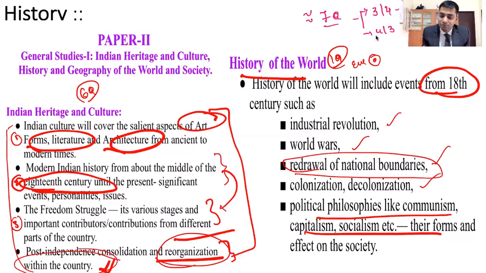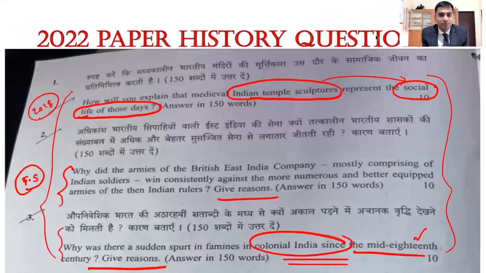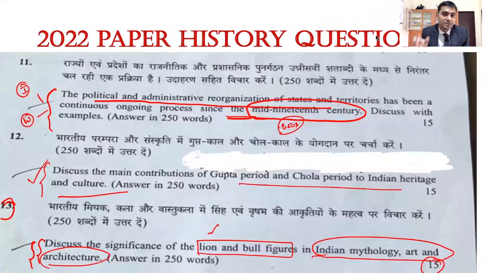Even in world history, redrawal of national boundaries from the 18th century is present, which means from 1700 it has happened until the 1940s or 1950s. So this is one question where we might get stuck on whether to write the answer in the Indian context or the world context.